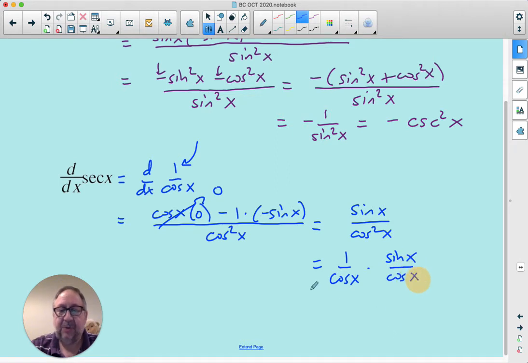This is a standard way to do this, because 1 over cosine is secant, yes, the same secant we started with, times sine over cosine is tangent. Now notice that both of these parts of the derivative have an x in them, so if we were taking the secant of some complicated mess, we'd get secant of that mess, tangent of the same mess again, and that does present some complications for this derivative.